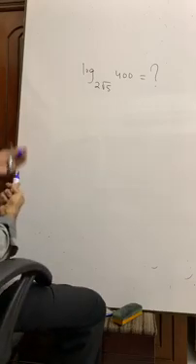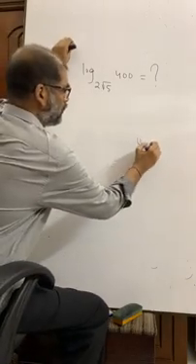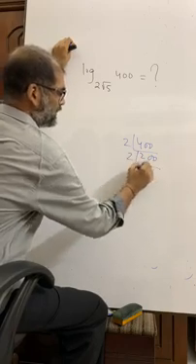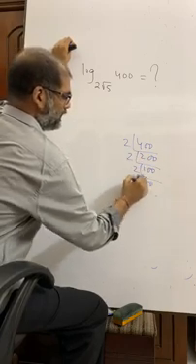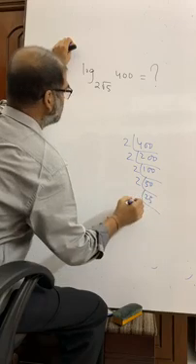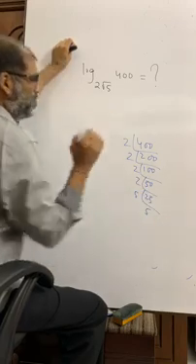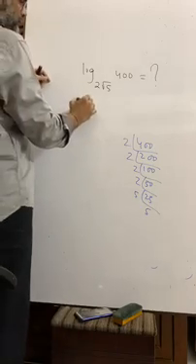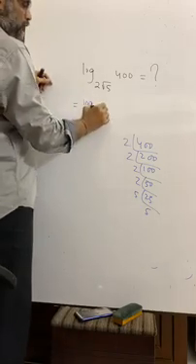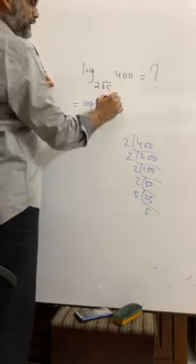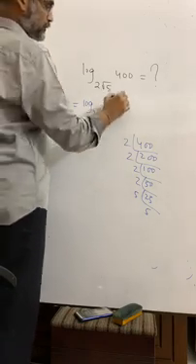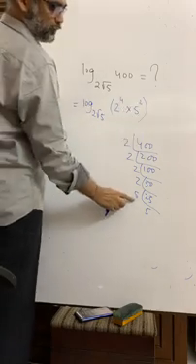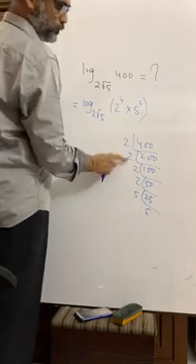What is the value? What will you do? 400 to 200 to 100 to 50 to 25 to 5 to 5. That means we can write here log base 2 root 5 of 2 to the power 4 into 5 square. There are two 5s and there are four 2s.